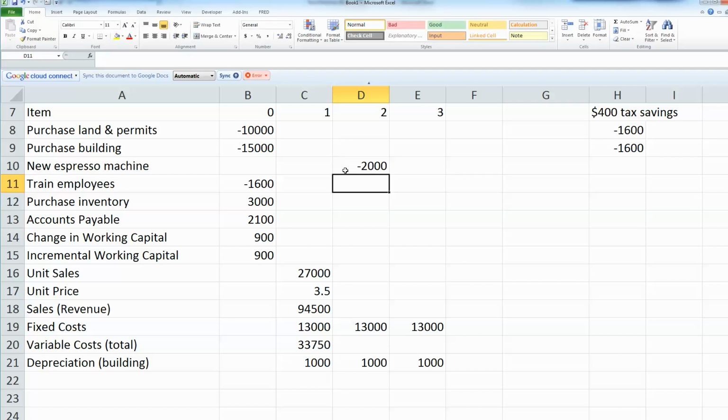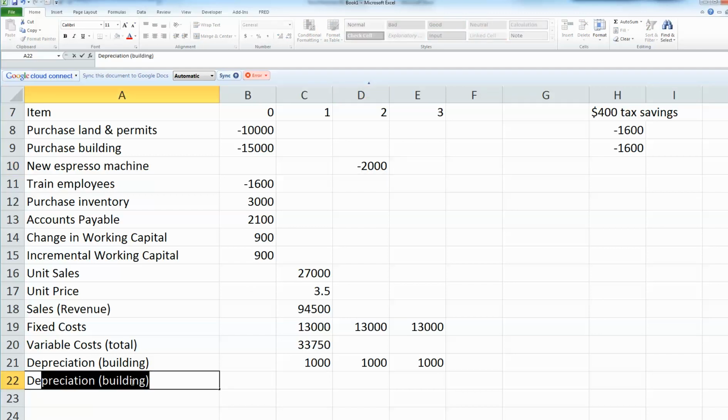And 2, I don't get to deduct the cost of it in terms of tax related issues the year it occurs. I spend the $2,000 on it, but my depreciation occurs in years 3, 4, 5, and 6. So I won't actually start receiving tax benefits from the deduction of that espresso machine until years 3, 4, 5, and 6.